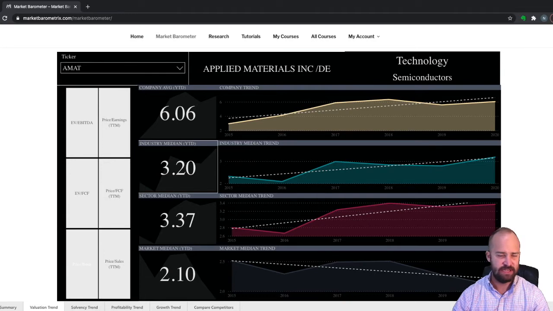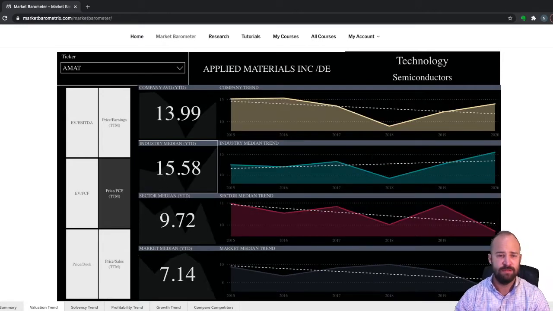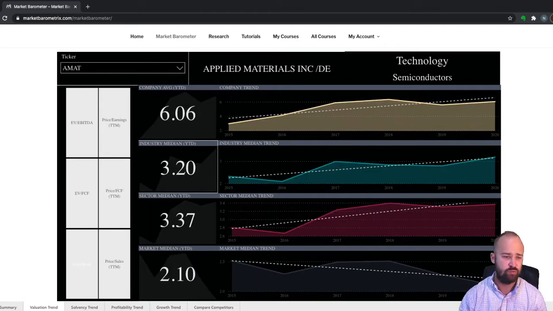Price to book ratio. Looks like Applied Materials is nearly double the industry and sector medians here, and almost triple the market median. So it would seem that the price of Applied Materials relative to the book value of its assets is substantially more than its industry and sector peers.